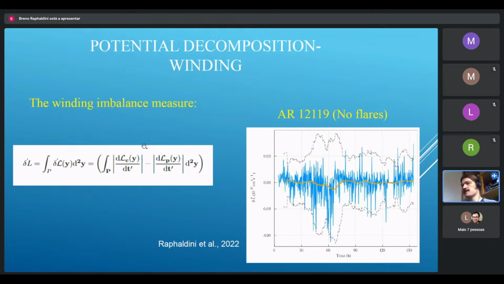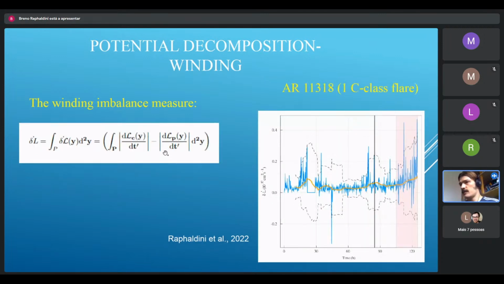When we apply this difference, which we called the winding imbalance, to a non-flaring active region, we see that it's mostly negative, and it presents no flares, as I mentioned. This is from a work that was published last week, actually.